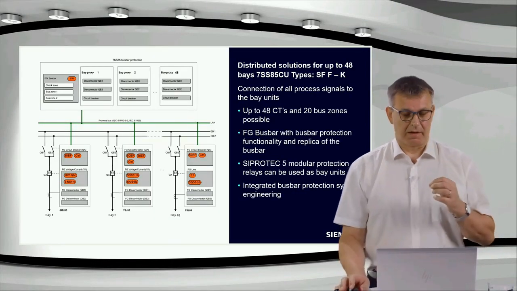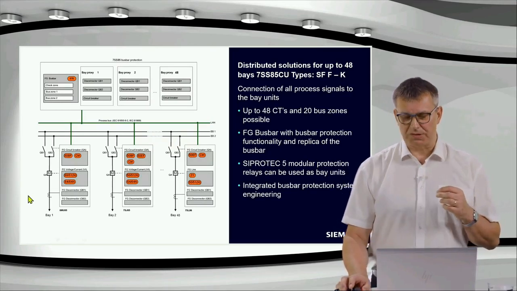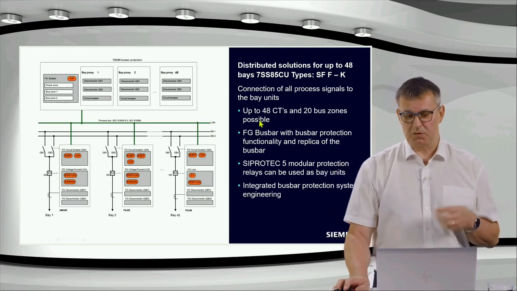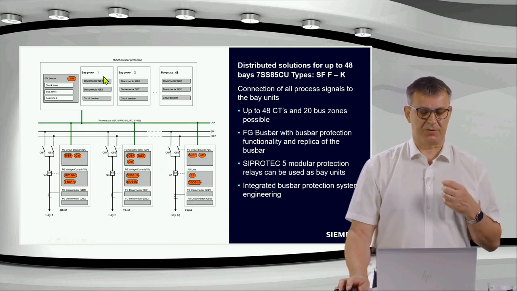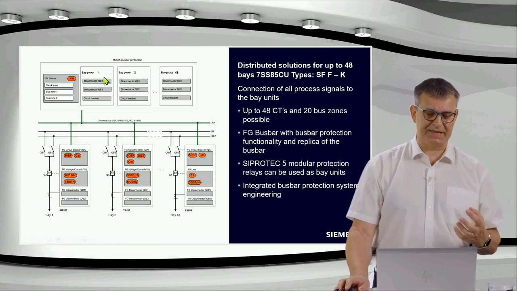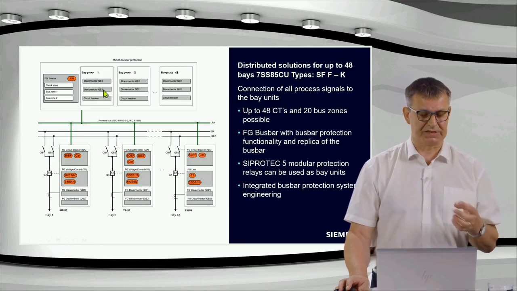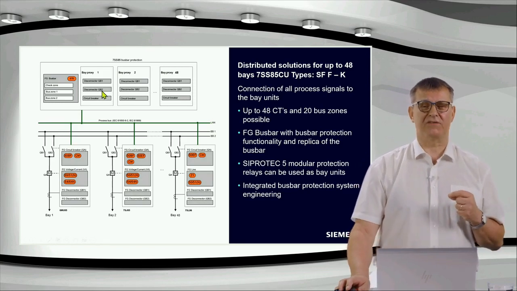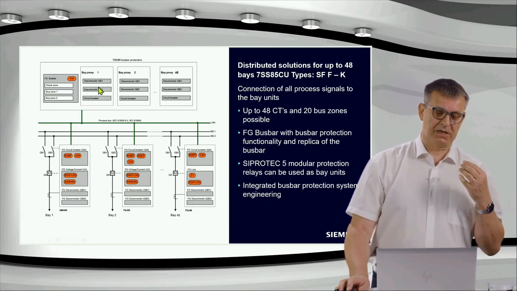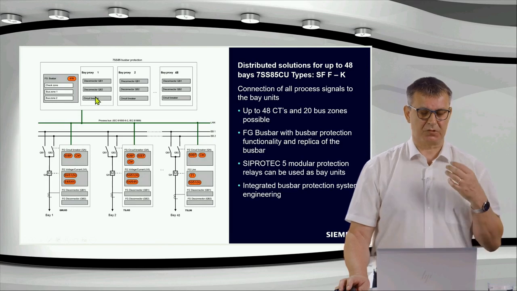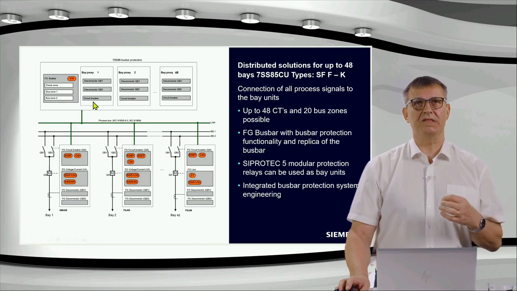One mention. What is really essential and what is the root cause that it's now possible to have a maximum scope of 48 CTs, 48 bays and 20 bus zones is that in this approach we will not have this big bay with this big function group circuit breaker inside, the big function group disconnectors and so on, but we will have only small bay proxies, proxies for the disconnectors, proxies for the circuit breakers. This means we will have mainly the most important signals.